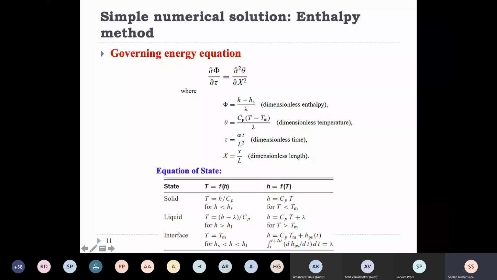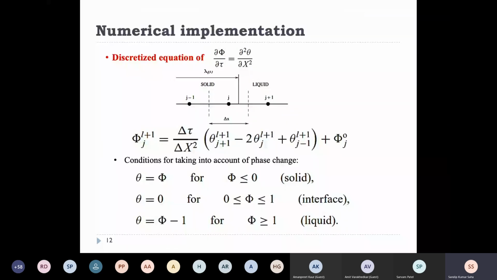Once you have this equation, if you discretize it using the finite volume method or finite difference method, you will get a simple equation where phi i at the new time state is related to the old time state and the neighboring grid points. This is very well known and very easy to derive.